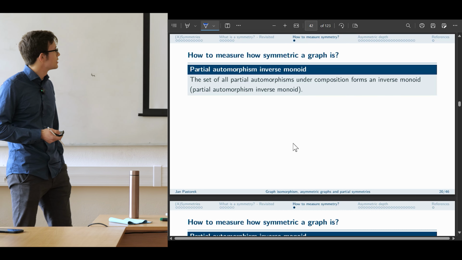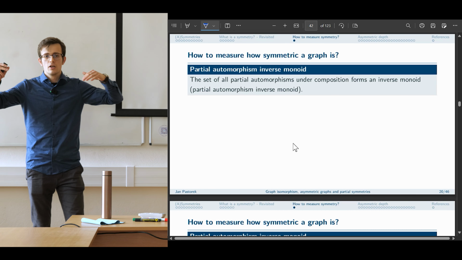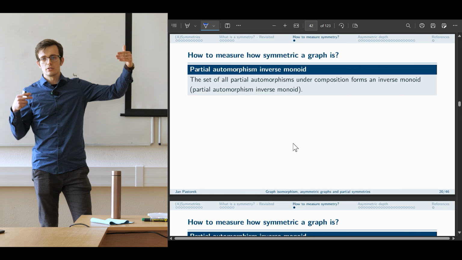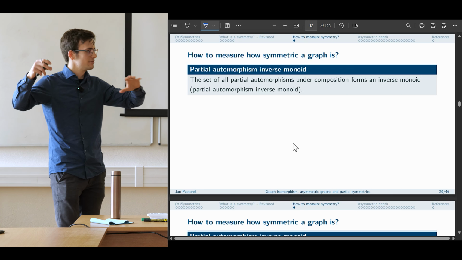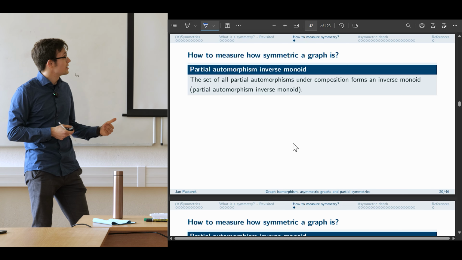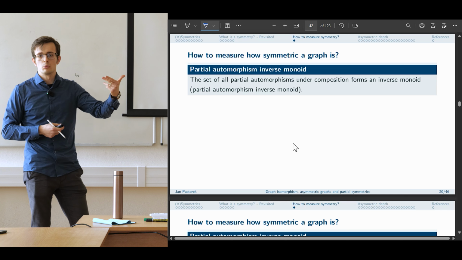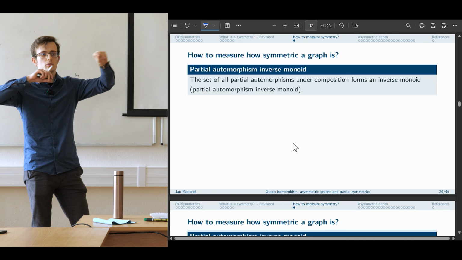But before that, I would like to tell you that if you take the set of all partial automorphisms under composition, it will form an inverse monoid, which is again a concept which I'm not going to explain. The important fact is that these partial automorphisms can be related and composed, and they will give you a structure.